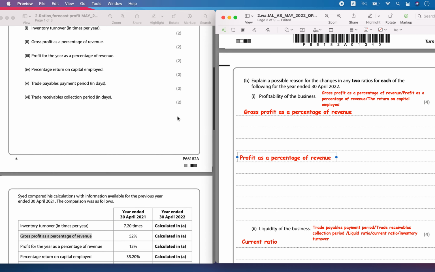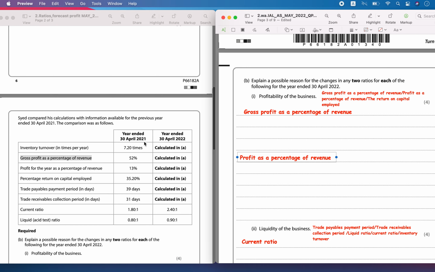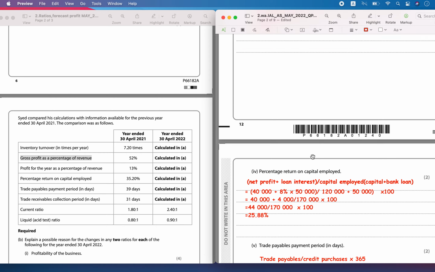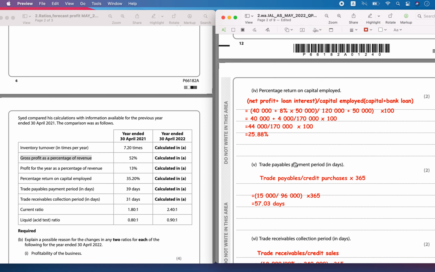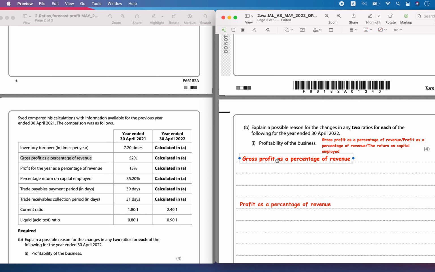Let's see that the gross profit as a percentage of revenue in the year 2021 was 52 percent, and this year it has become 62.5 percent.